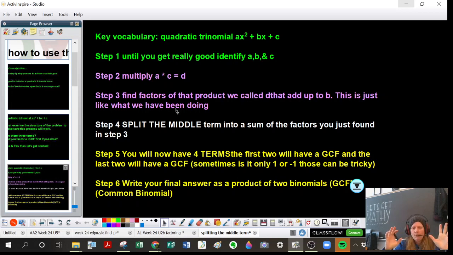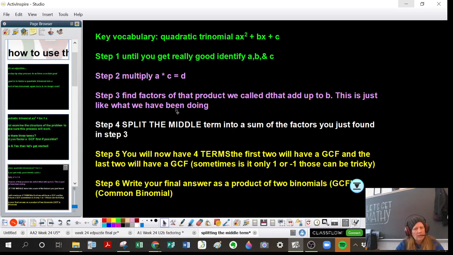So step 4 is where it gets its name, and then step 5 and 6 is essentially your new factoring techniques. You're going to now have 4 terms. The first 2 are going to have a greatest common factor, and then the second 2 terms are going to have a greatest common factor. Sometimes it's 1 or negative 1.